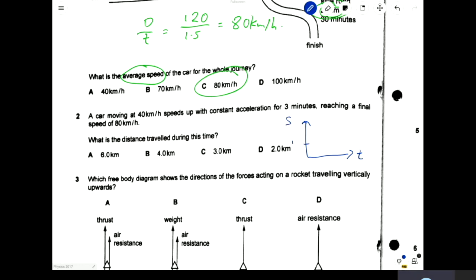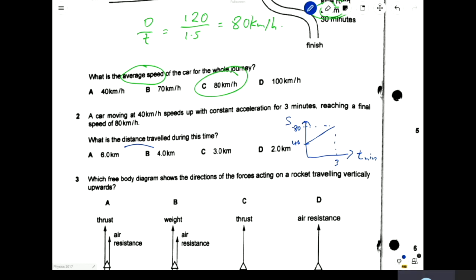At first the car starts at 40 and then accelerates for 3 minutes, so it goes up to 80, and then stops there. The time taken is 3 minutes. Now if this is a speed-time graph and we want to find the distance traveled, where do we look?